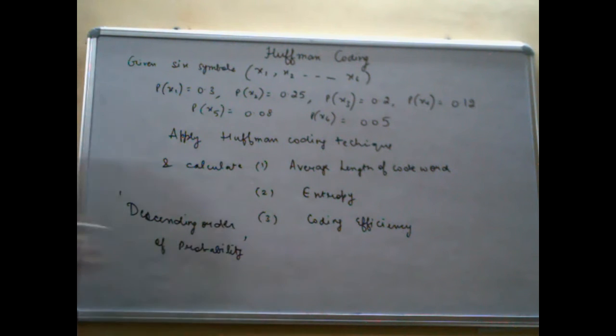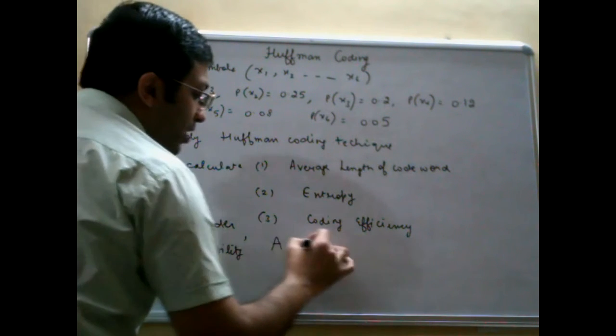First thing is this. Now, there are chances that two pixel values may have the same probability as well. Take this example.